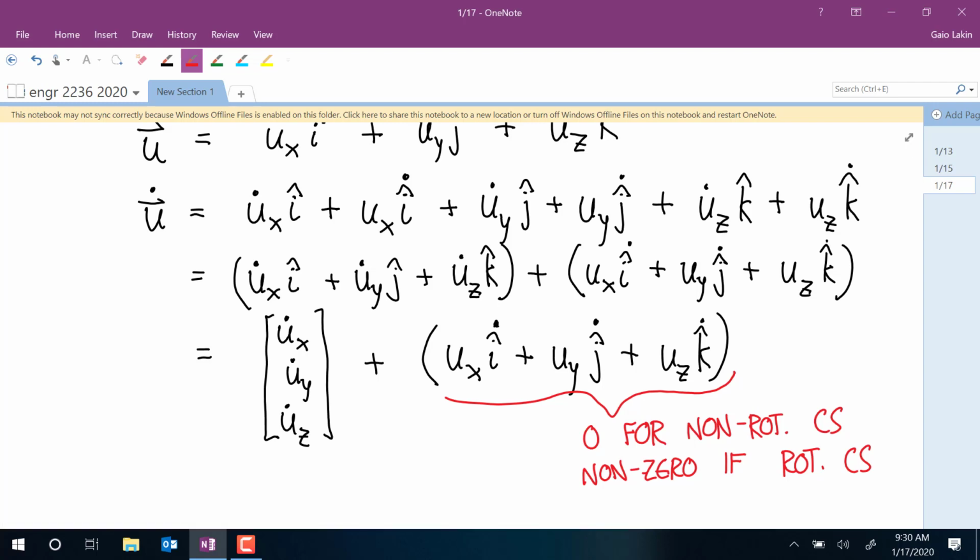And you might think, so just don't use a rotating coordinate system. And in some cases, that is the answer. I mean, if you have the choice, that's definitely the answer. But in a lot of important dynamics problems, you don't get to choose where you put your coordinate system.